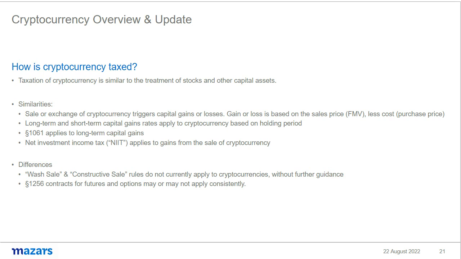In the fund world, GPs and fund managers have to take into consideration that Section 1061 also applies to cryptocurrency in the event that long-term capital gains that are realized are allocated to a GP as part of a profits interest or carried interest arrangement. If this is the case, then the holding period for cryptocurrency needs to be examined to see if any long-term capital gain ends up being treated as short-term gain in the hands of a carried interest holder.